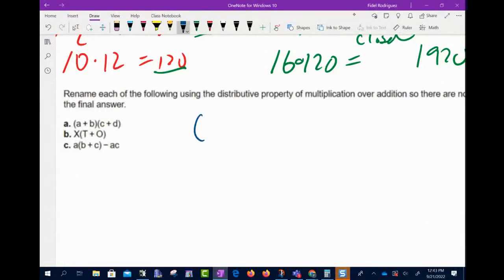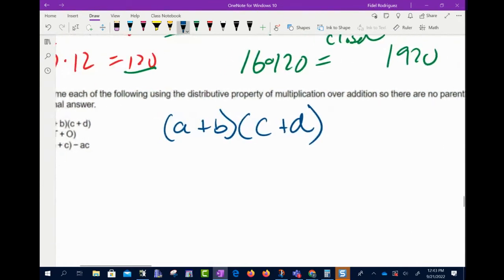So let's go ahead and take a look at what we have. We're going to rename each of the following using the distributive property of multiplication over addition so that there's no parentheses. If you remember this, you probably remember it from high school or maybe even from college algebra, but there's something called the FOIL method.